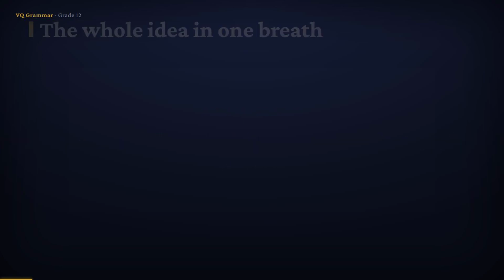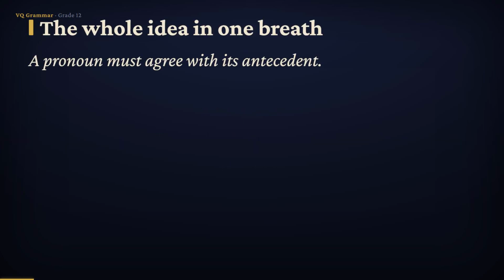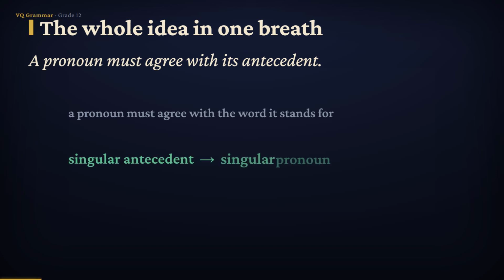Let's dig in. Before we dive in, here's the whole idea in one breath. A pronoun has to agree with the word it stands for, its antecedent, in number. So if that antecedent is singular, the pronoun must be singular too. And if the antecedent is plural, the pronoun goes plural. Nothing new so far.